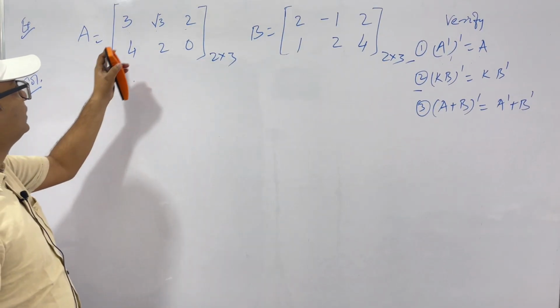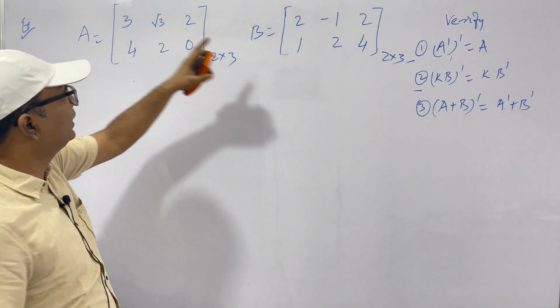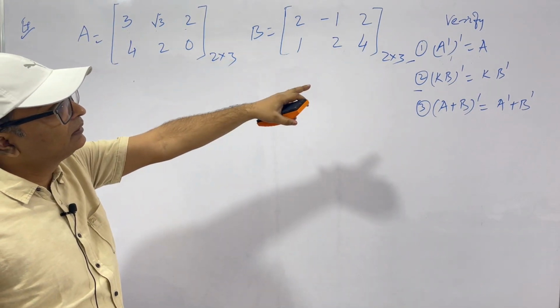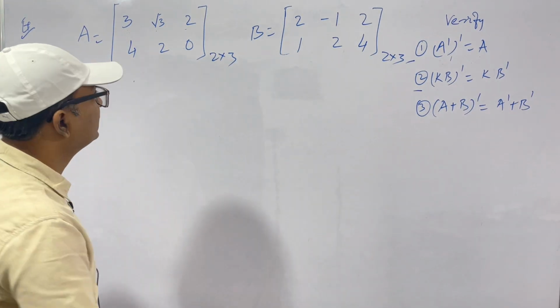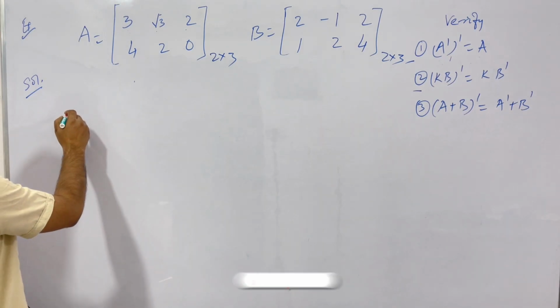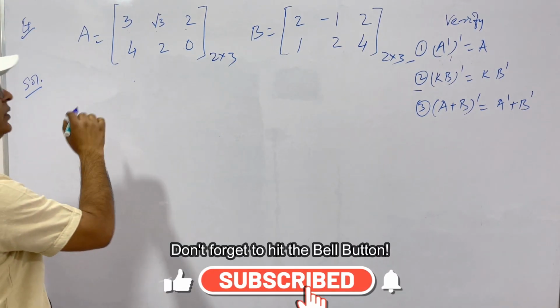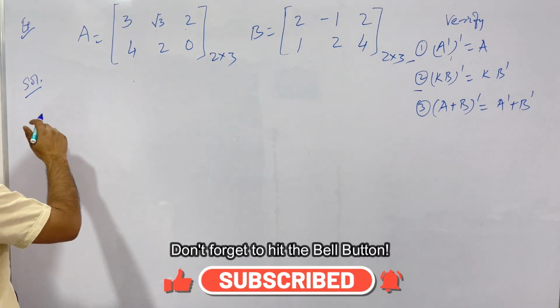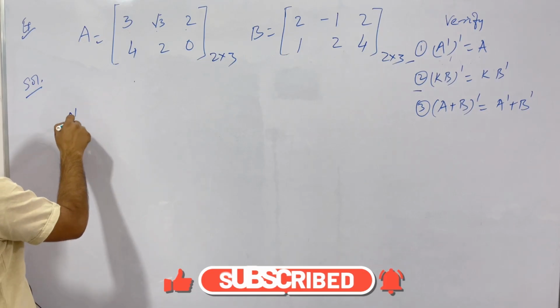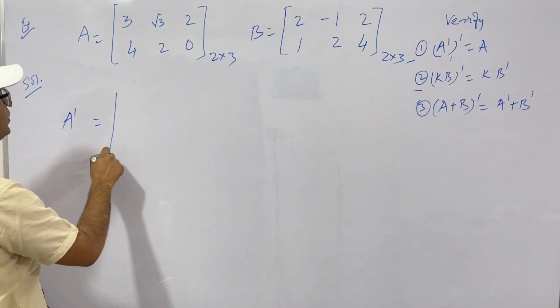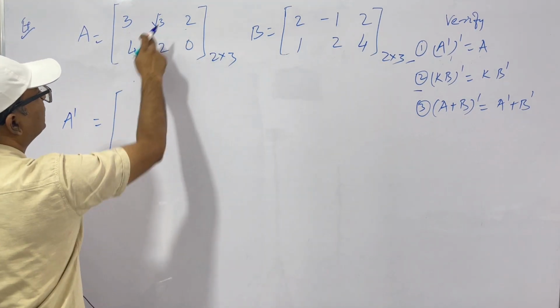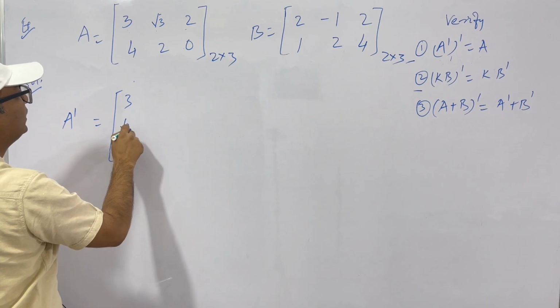So we are given two matrices A and B, and we have to verify these three properties that we just saw. So first is transpose of the transpose of A, whether it is equal to A or not. Let's see what is A transpose. A transpose will be, this is row, this will become column. So this is root 3, 2.